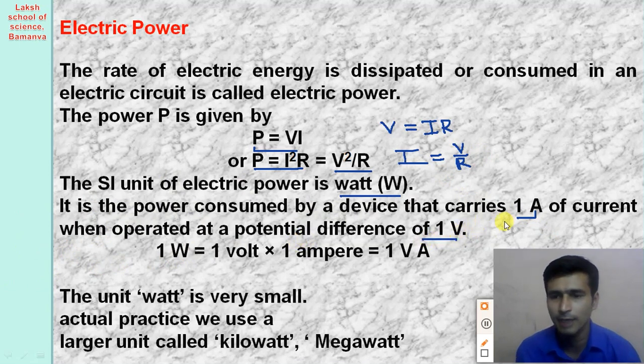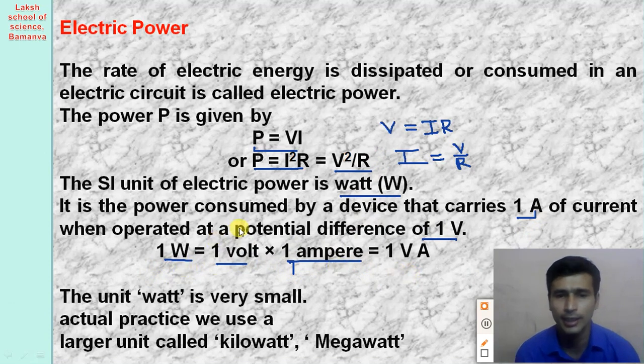So when we apply a potential difference of 1 volt and the electric current passing through the circuit is 1 ampere, we can say that the power consumed by the electric circuit is 1 watt. So we can write 1 watt = 1 volt × 1 ampere.